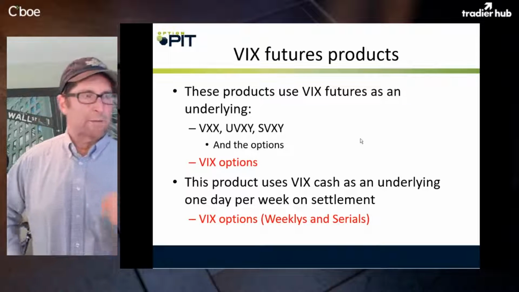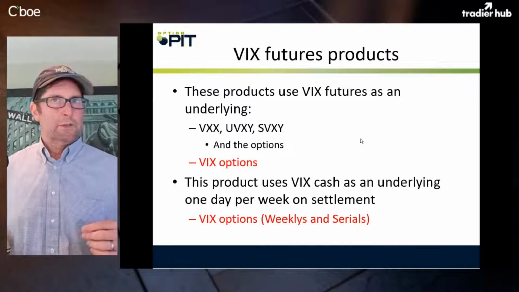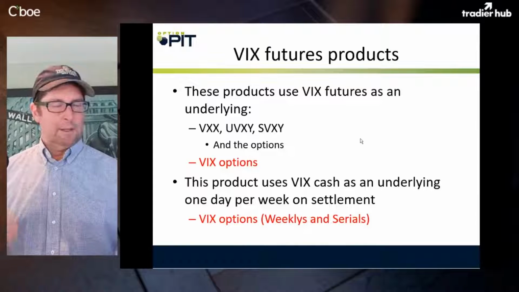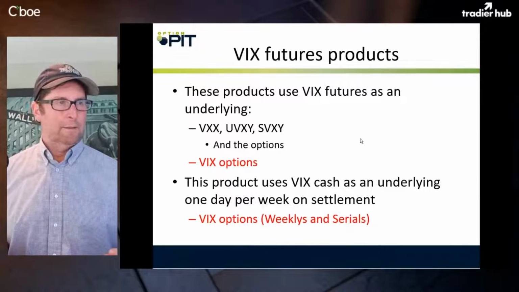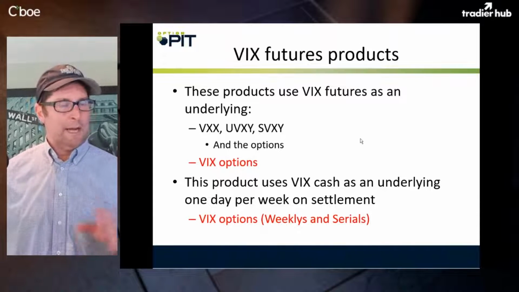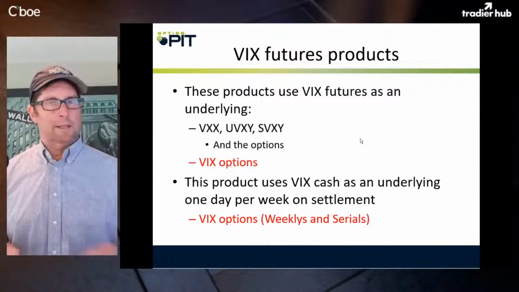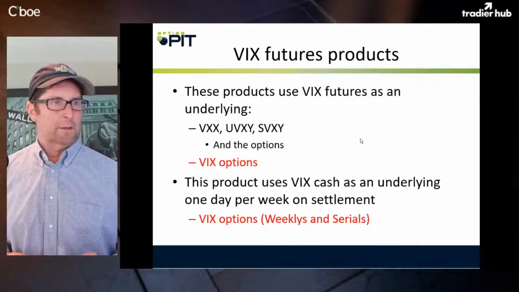They're only going to trade off the cash 1 day a week. So when you're looking at how these things are trading, you have to keep that in mind. Where you think VIX could go is one thing, but it's how the futures are going to move during that time that matters, not necessarily just what you think VIX is going to do.